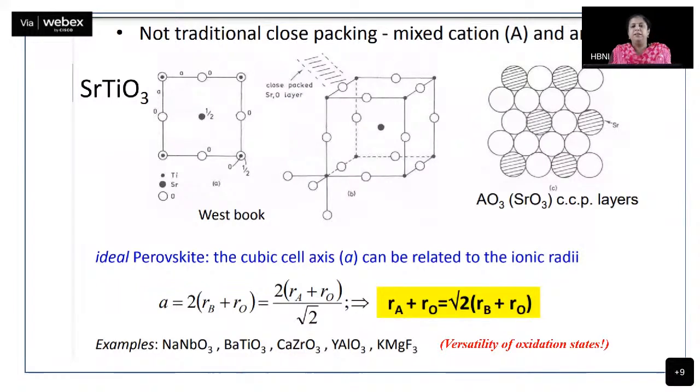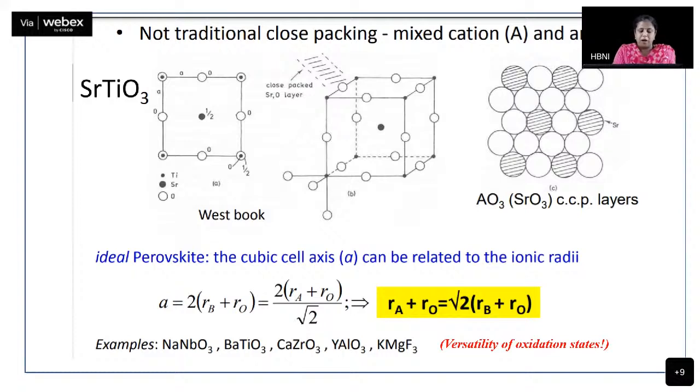There is one thing about that. We just talked about, in the first half an hour, 40 minutes of the lecture, that the structure actually depends upon the radius of the cations and the anions that are going to occupy the particular lattice site.